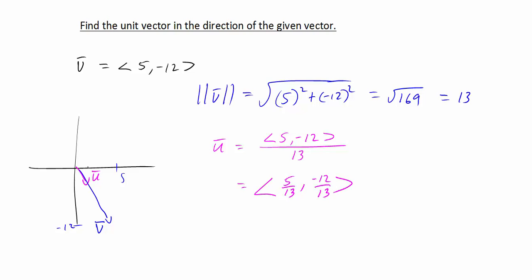That means if we went out on the x to 5/13 and then negative 12/13, this vector is going to have a magnitude of 1. So this is our unit vector.